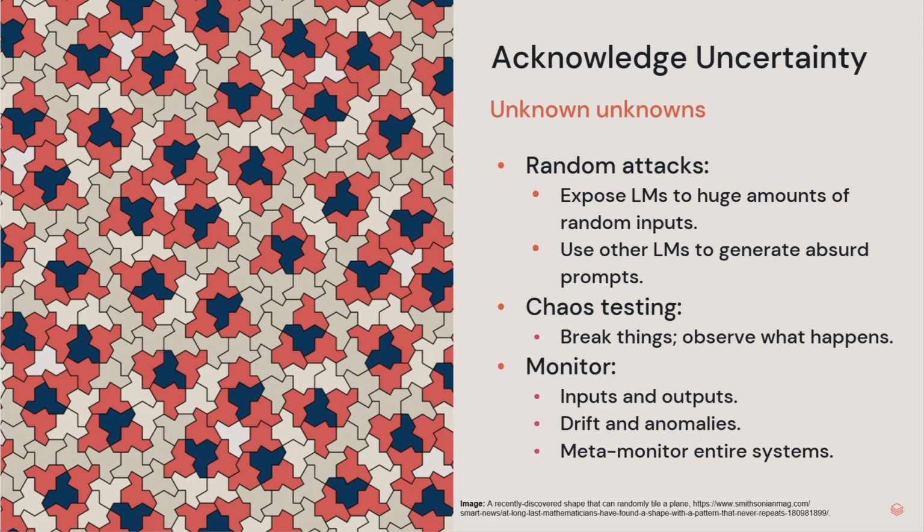One way to get at those things that we just can't think of is what I call random attacks, and I think I'm not the only person that uses that phrase. You can do this on structured data models. That's where you expose a classifier or a regression estimator to huge amounts of random data and see what goes wrong, right?